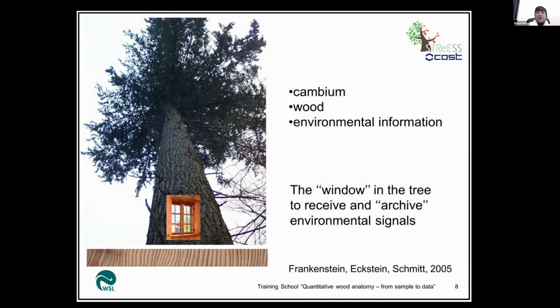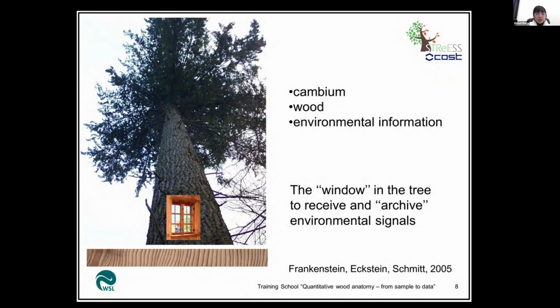But every year for the conifer species, they form one tree ring. When they are forming these tree rings, they are affected by the environment, like the precipitation, like the slope, and also like the temperature, and also like the wind speed, and also the wind direction. So this kind of environmental signal will influence the tree ring growth.